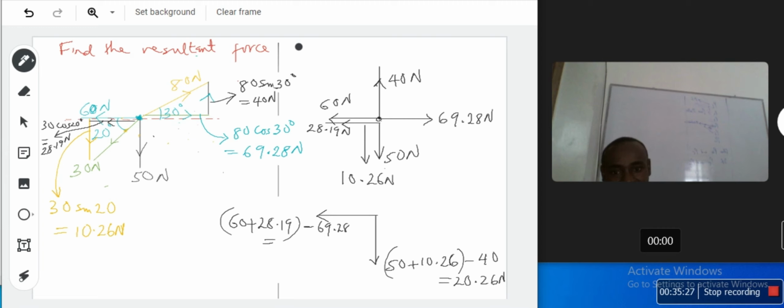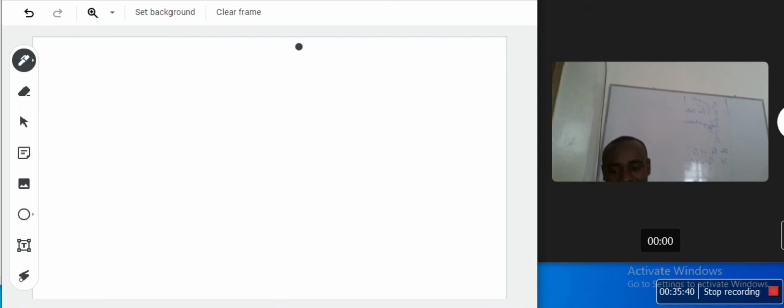This gives 18.91 Newton. So we have two forces to work with now: 20.26 down and 18.91 to the left. I'm on the next page to represent it.